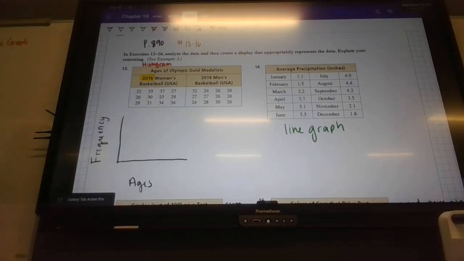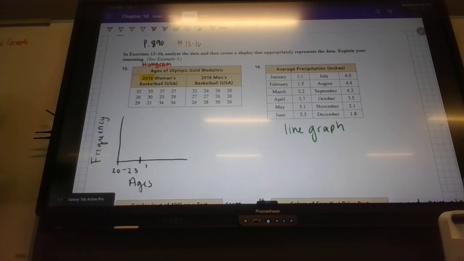How many years are between 21 and 37? 16. Let's divide that evenly. 16 divides by 4, so let's do intervals of about 4 years. So we're going to do 20, 21, 22, and 23. We'll do 20 through 23 for our first bar on our histogram.